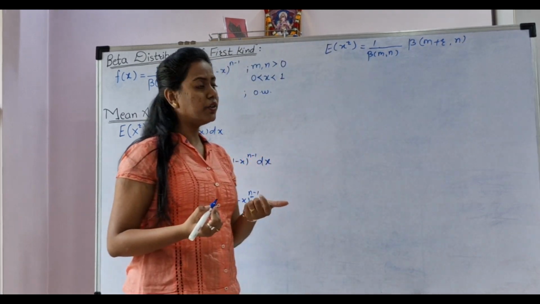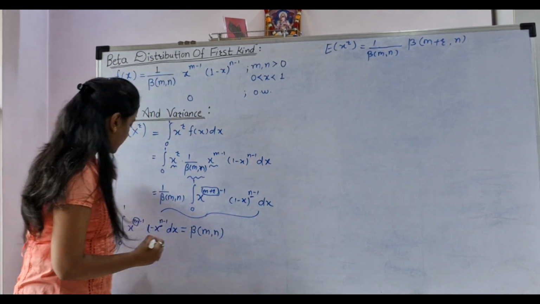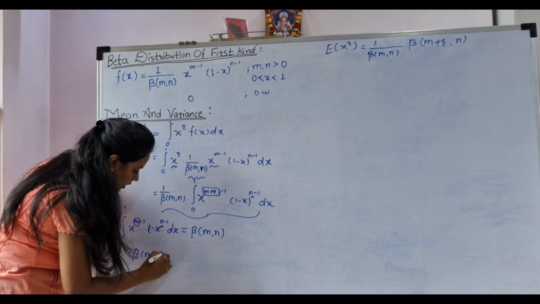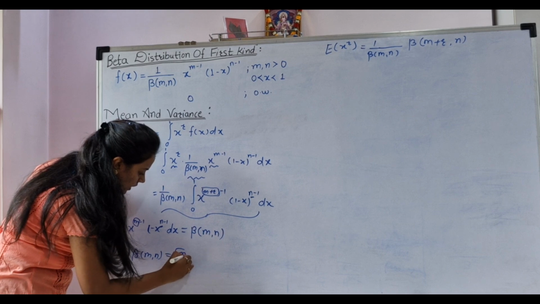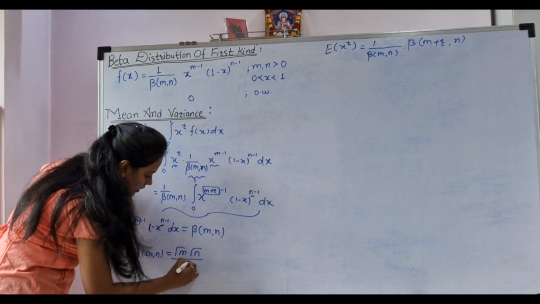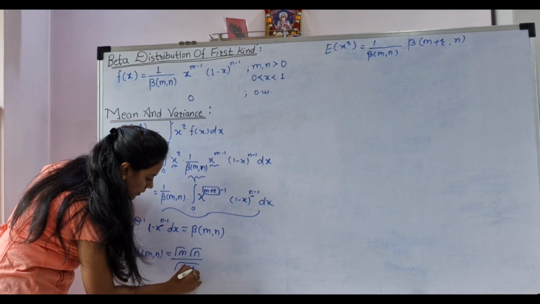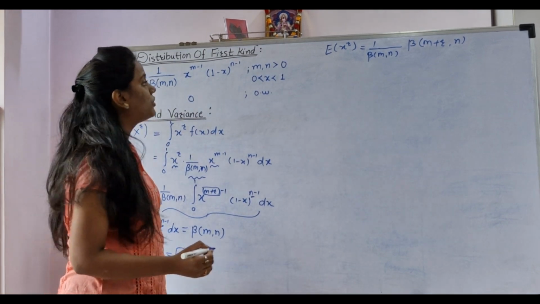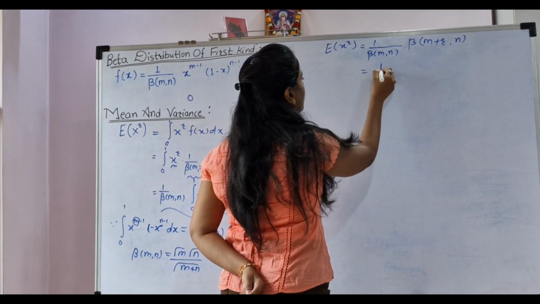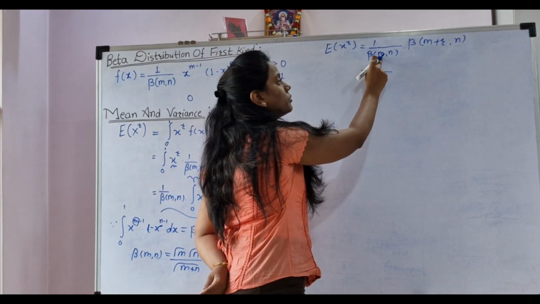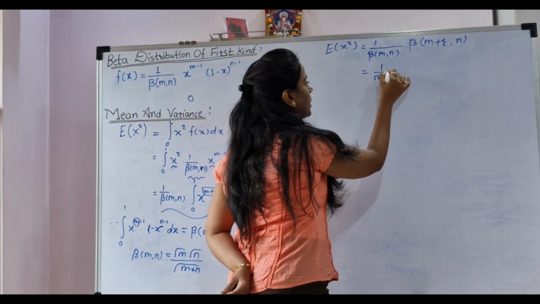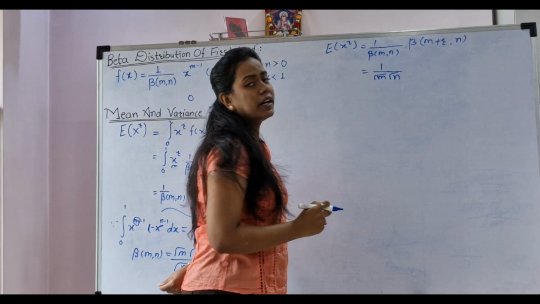Okay. Now here we will see one more result, that beta(m, n) is nothing but gamma m into gamma n upon gamma of m plus n. So using this result we will reproduce here 1 upon, see in the denominator what we will get, gamma m into gamma n divided by gamma of m plus n.